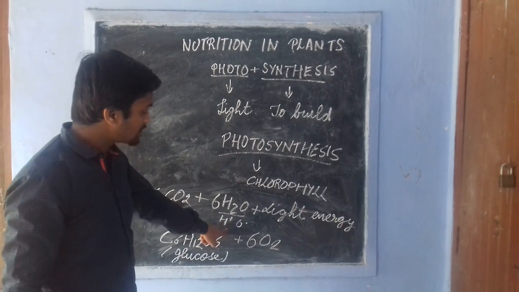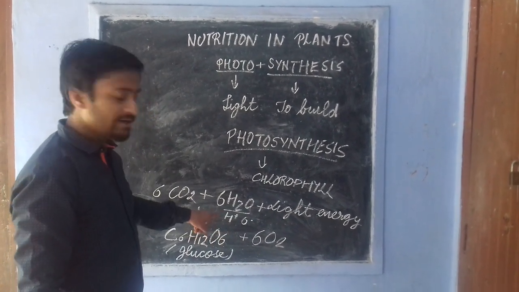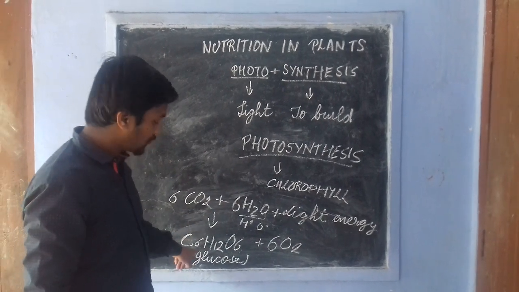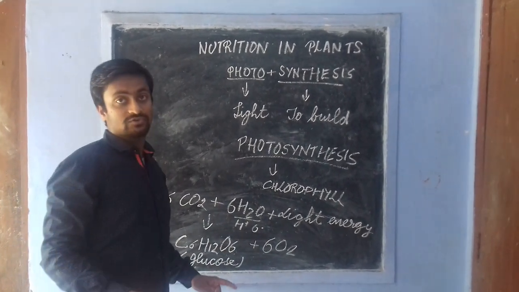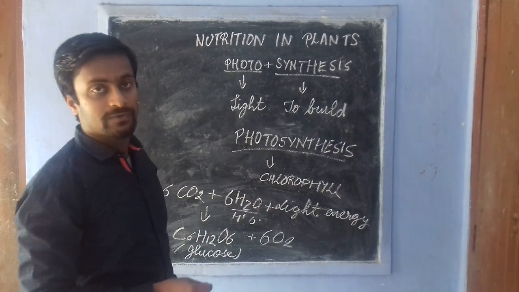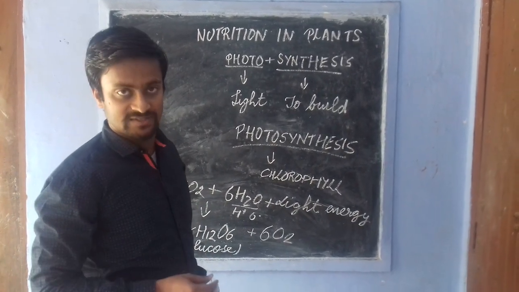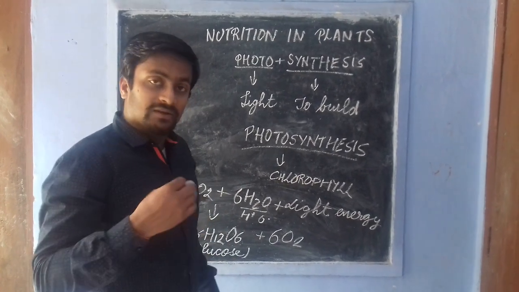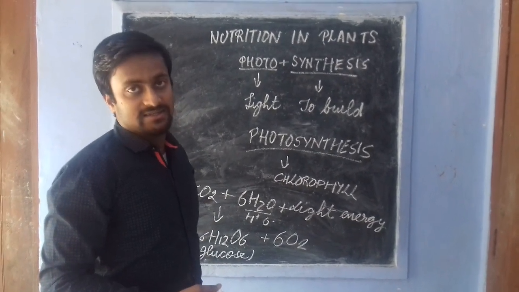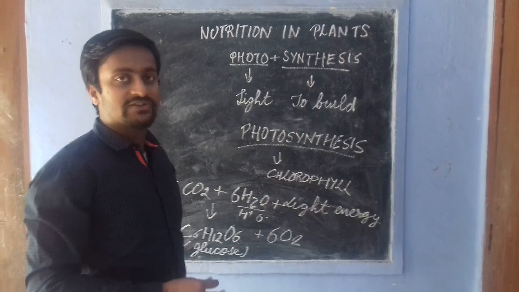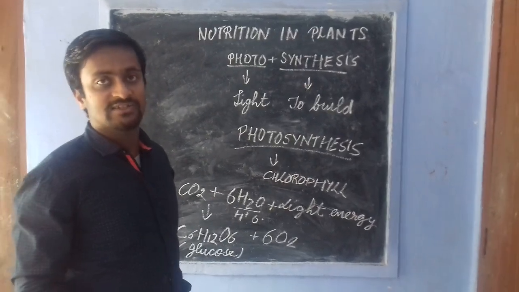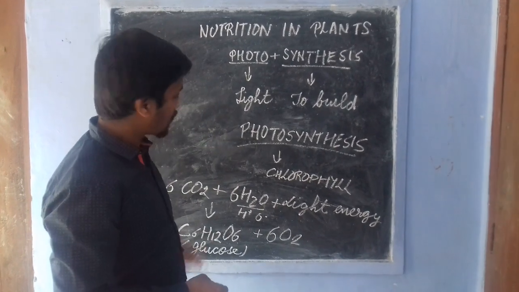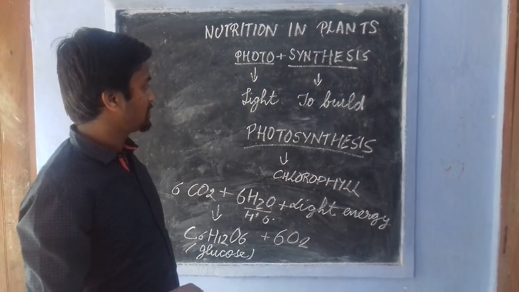This H and O ions are transported and then combine with carbon dioxide to form glucose. This excessive glucose is used by the plants for the growth mechanisms and for their various respiratory processes. If the glucose is in excess, it is transported to different parts of the body and there it is stored as starch. So this is the process of photosynthesis.